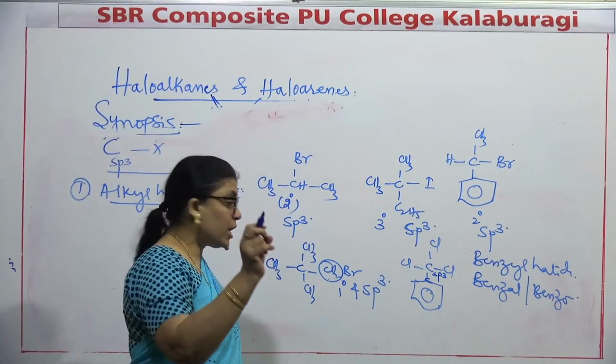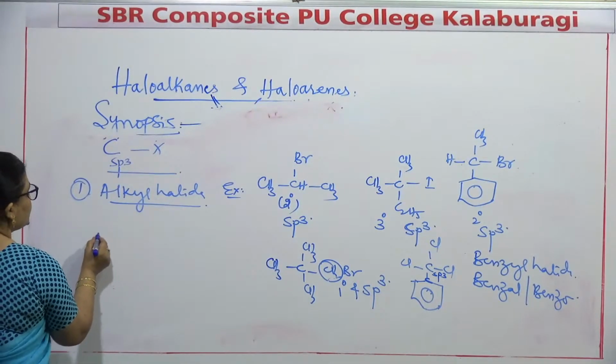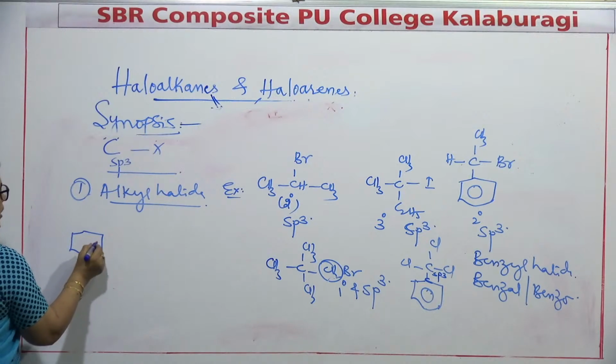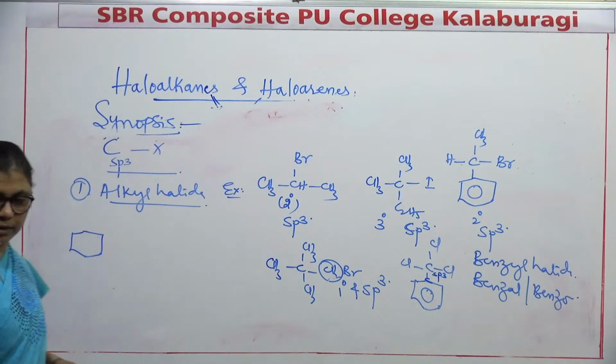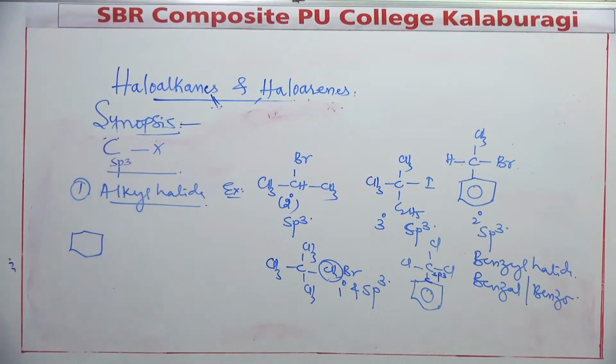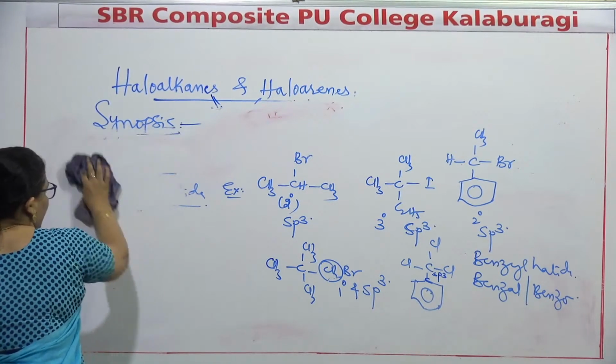But whenever you are dealing with allylic, if I write the example, you can write some of the examples to identify whether they are primary, secondary, tertiary.